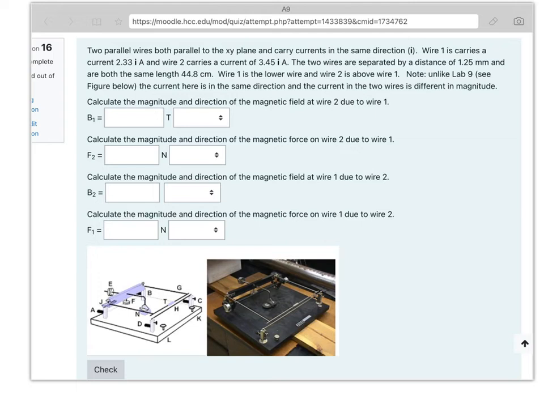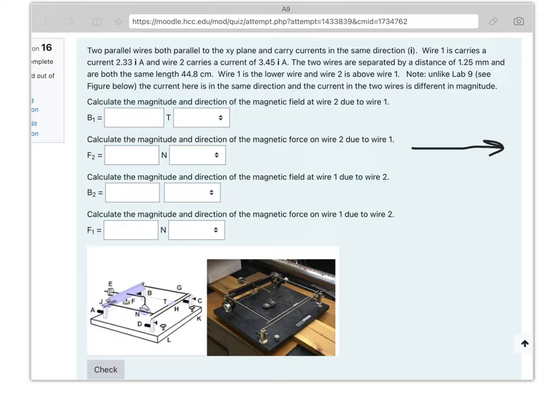Okay, problem number 16. So read through it carefully and notice the way in which it's the same and different from what we did in lab. That's all described in the write-up. So we want the field from wire 1 at the location of wire 2. Wire 1 carries a current 2.33 amps in the i-hat direction.